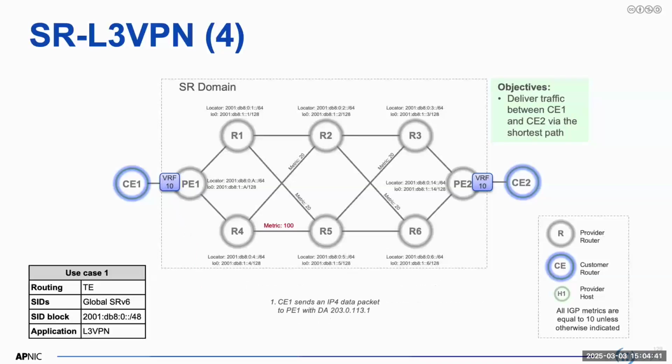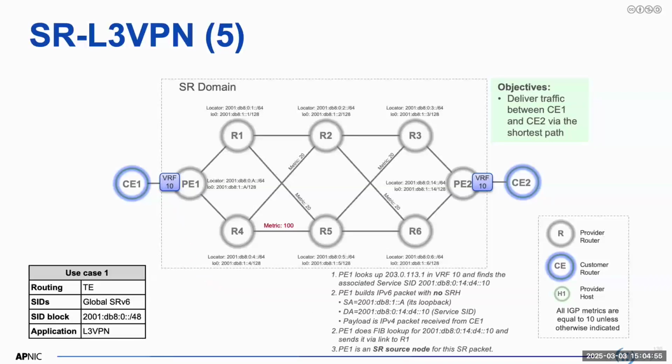When CE1 sends an IPv4 data packet to P1, the destination address is the CE2 address. When it receives the packet, it needs to build the SRH and send the packet.